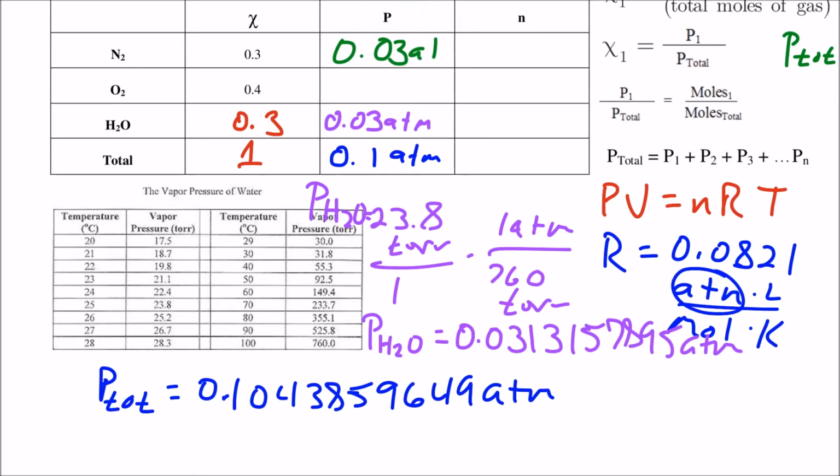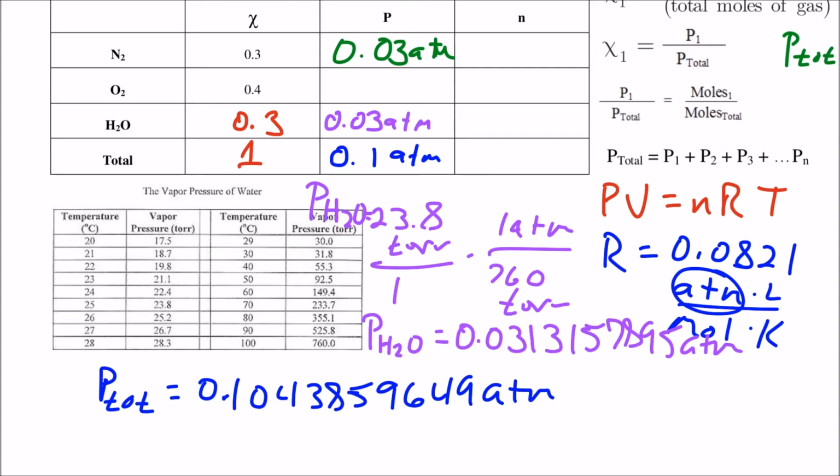Now we have some options, okay? We can do the exact same thing and say 0.4, this mole fraction for oxygen, times the total pressure of the sample, and we'll get a value. Or you can say that this plus this plus this all has to be the total pressure, right? That's Dalton's law of partial pressures. So you could solve for oxygen that way, okay?